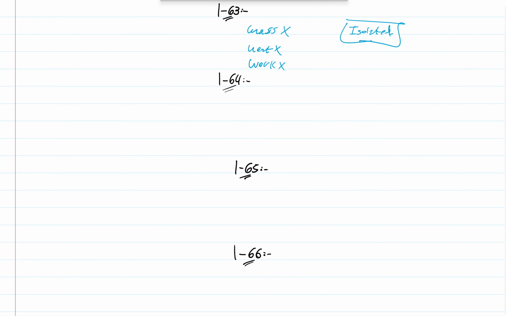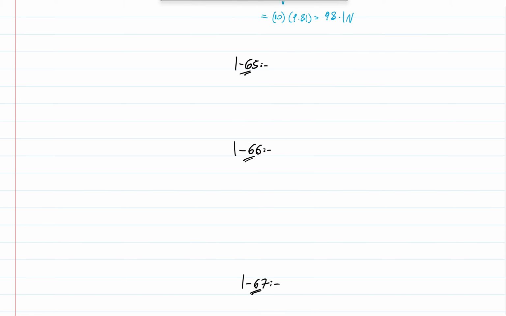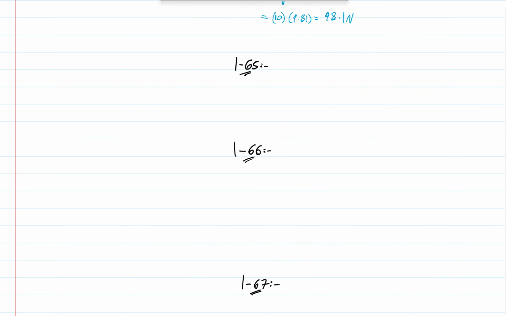All right, for 164, it's basically weight is equal to mass multiplied by gravity. Mass here is 10. Multiply that by the gravity, 9.81, giving us 98.1 newtons. Okay. So for 165, very simple.